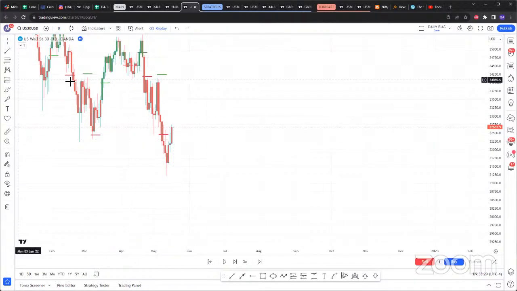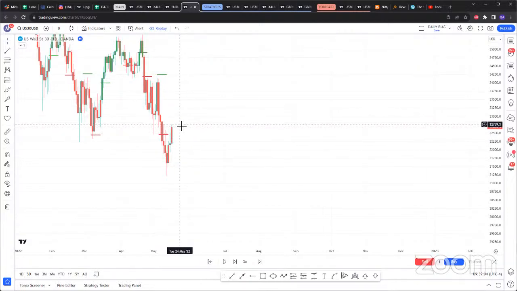If we're considering US 30 and we want a daily bias, we consider whether the previous SAR closed was a buy area or a sell area. If it's a sell area, we need a daily candle to close below the red line. If it's a buy area, we need a daily candle to close above the green zone. So right here, my bias for US 30 would still be a sell until we get a daily closure above a green SAR.